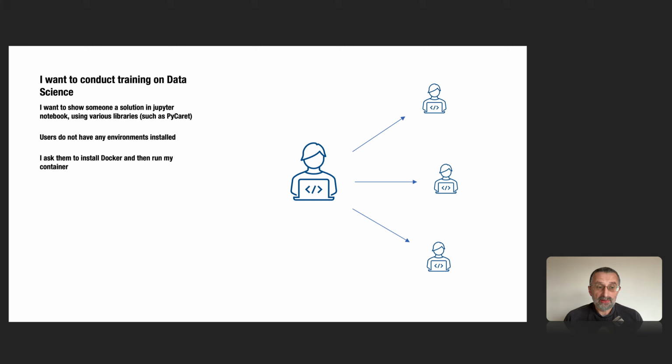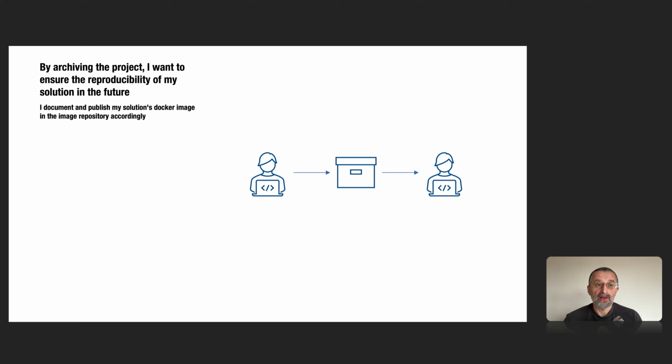So just simply ask them only to install Docker, which by the way may be blocked by the administrator, but in many cases if they have private computers it shouldn't be a problem, and then run your container. It will directly run not only the dedicated environment, but you can also directly call Jupyter Notebook with all the required files, and in precisely a minute you have everything smoothly running on the computers of many people you are training. So that's also a possible use case.